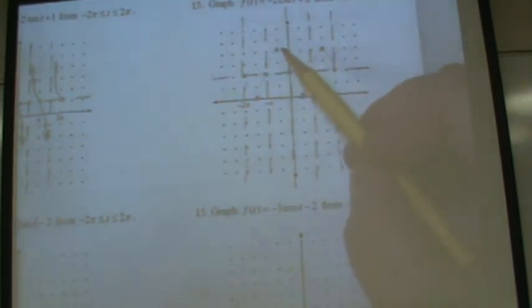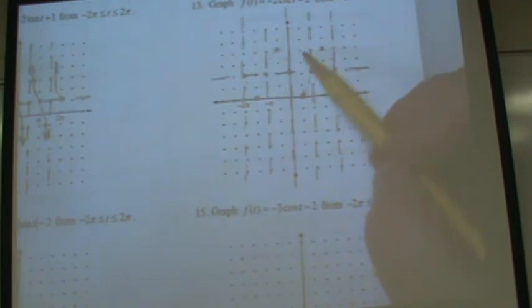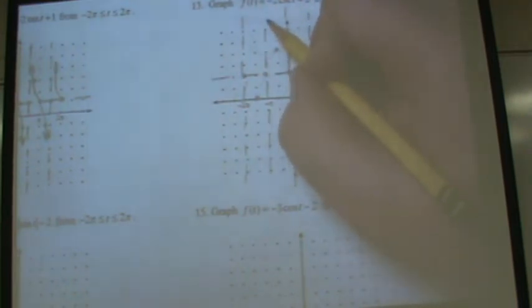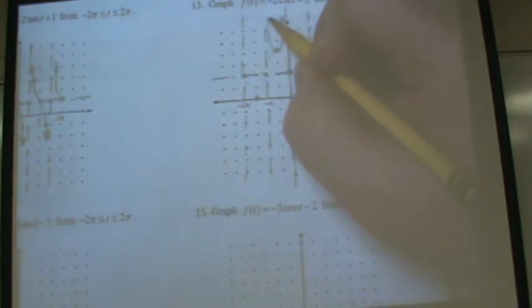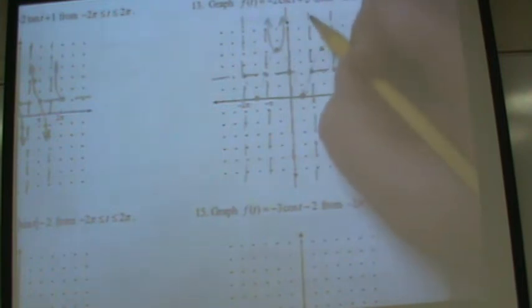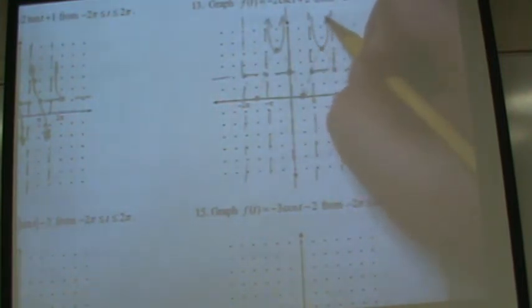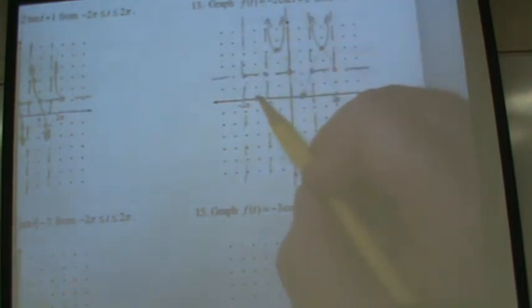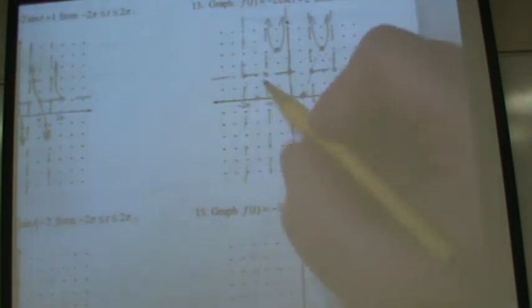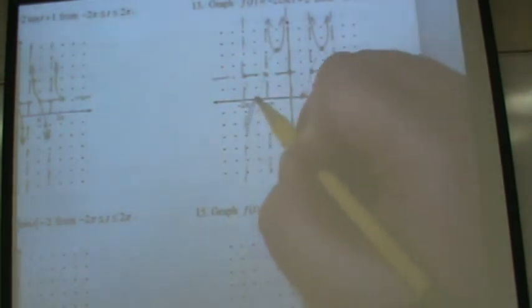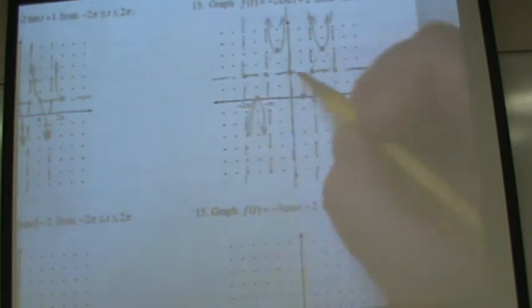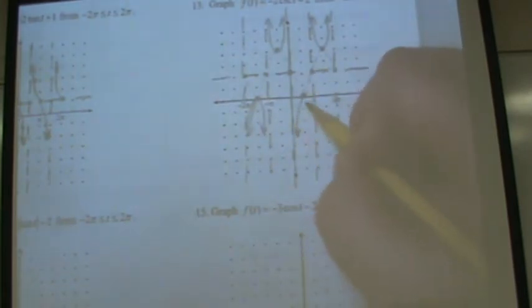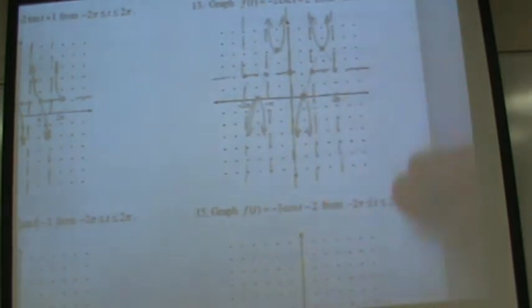If you have a point that's above your x-axis, those are going to be the parabolas that point up. And if you have a point below the x-axis, those are going to be the parabolas that point down. So from negative 2 pi to 2 pi, this graph should look like that.